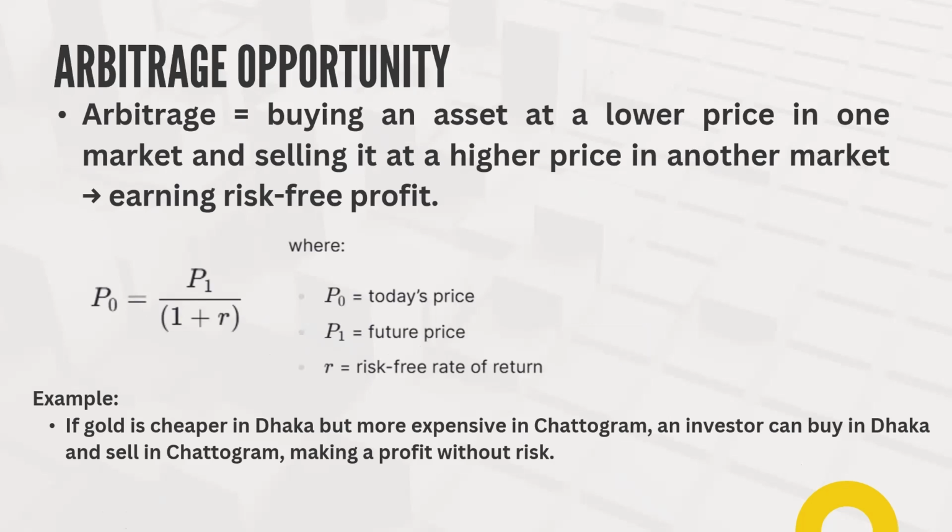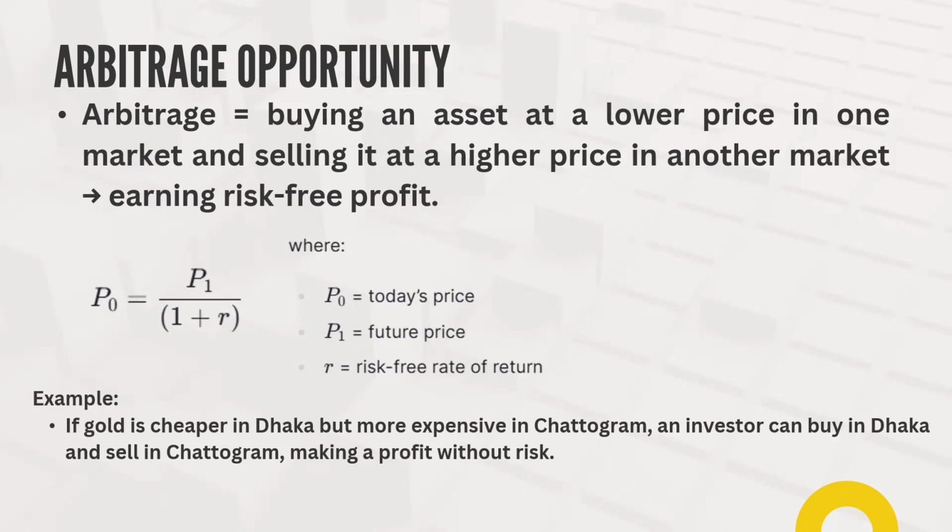Here we see an arbitrage opportunity, which is very interesting. What is an arbitrage opportunity? Arbitrage opportunity is buying an asset at a lower price in one market and selling it at a higher price in another market. So if we can get an arbitrage opportunity, then we can earn risk-free profit.